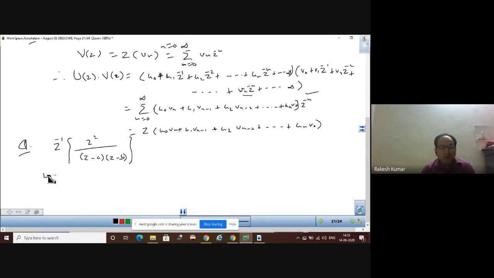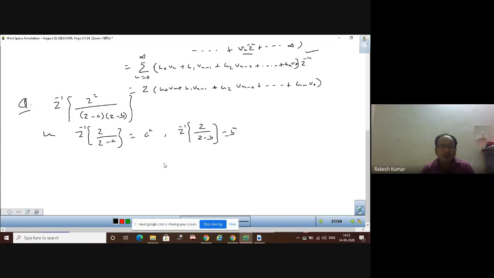Now, this is the formula we have done: the inverse Z transform of z over z minus a is a^n, and the inverse Z transform of z over z minus b is b^n. Combined, by using the convolution theorem, the transform of z over z minus a into z over z minus b is a^n star b^n.